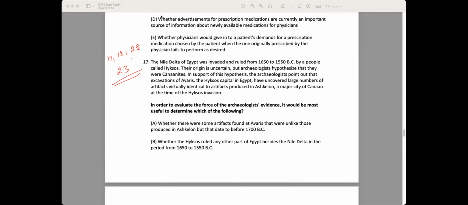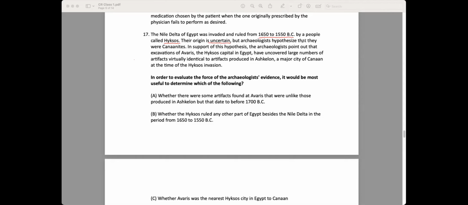Okay, let's see the questions. The Nile Delta of Egypt was invaded and ruled from 1650 to 1550 BC by the people called Hyksos. Their origin is uncertain, but archaeologists hypothesize that they were Canaanites. Where we have a lot of names and those kinds of things, you better write them. So the Hyksos people, they hypothesized that they were Canaanites.